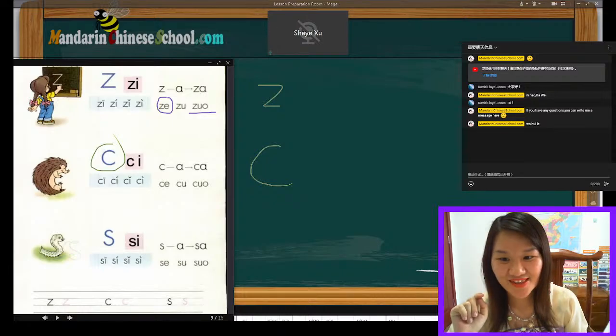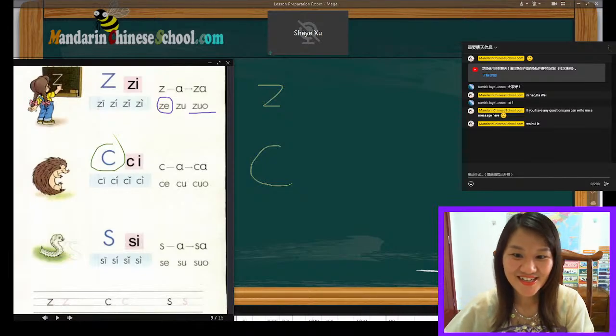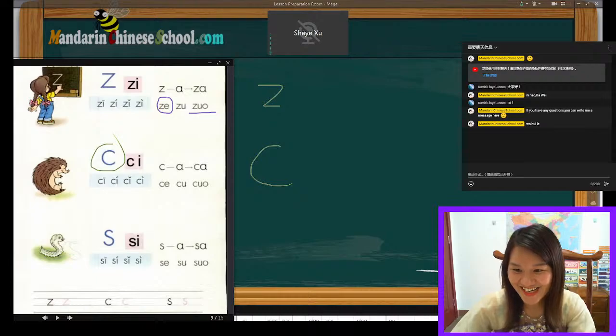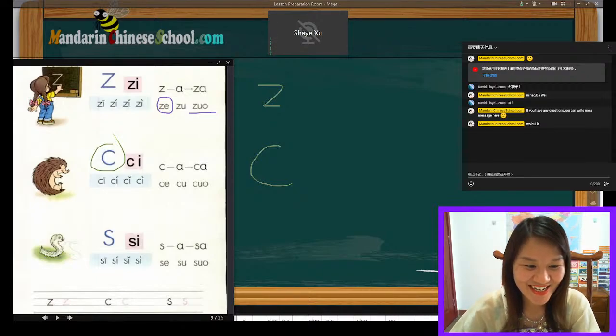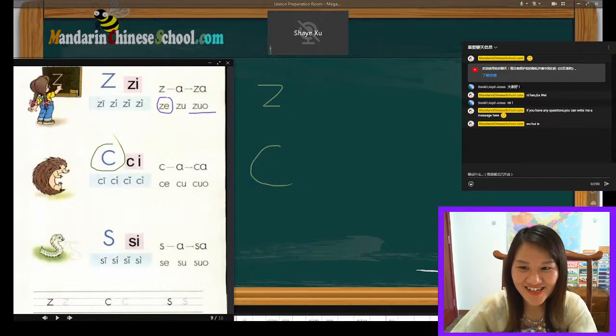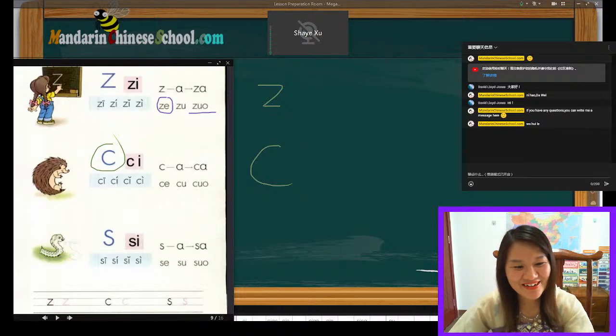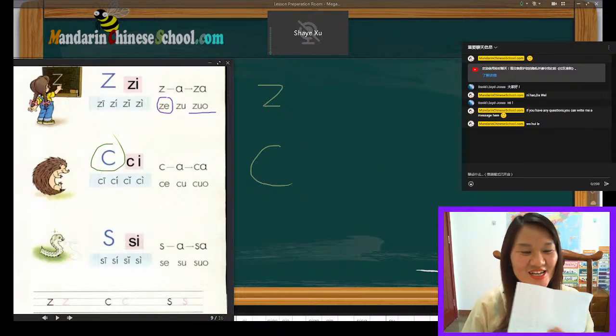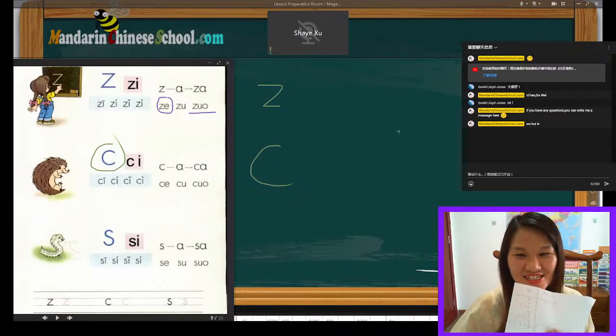吃吃. Do you get it now? 你现在会不会？要不要试一下？You wanna try? You can get a paper and try this. Okay. 滋, the first one.